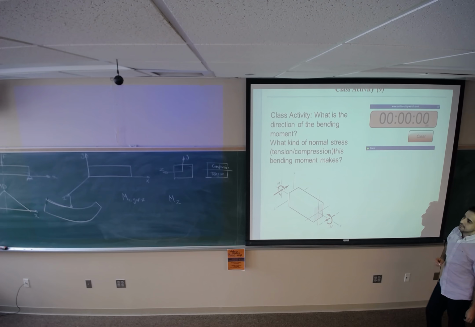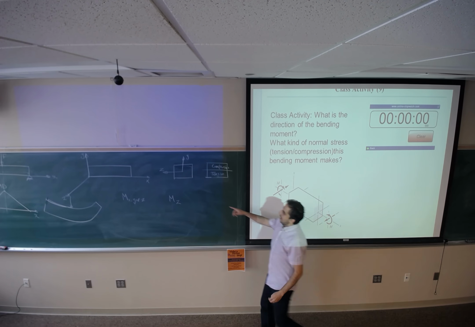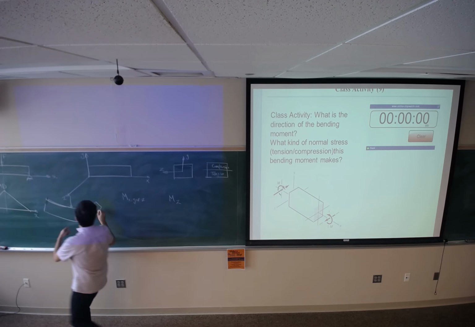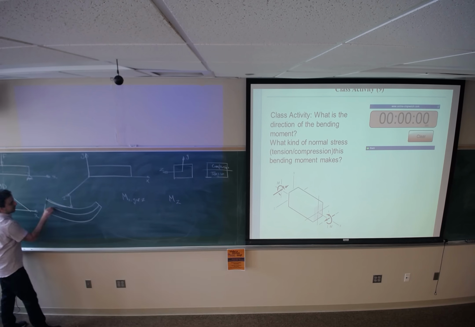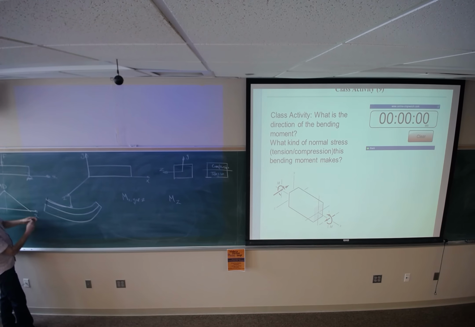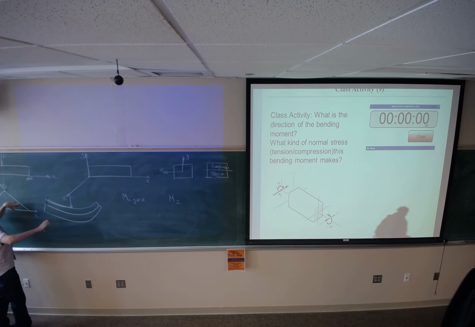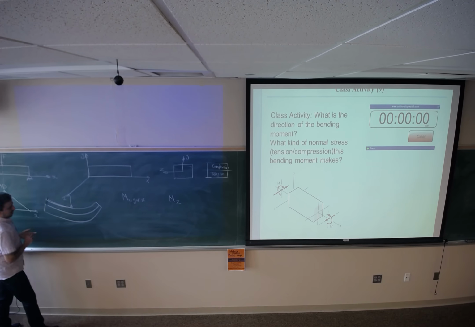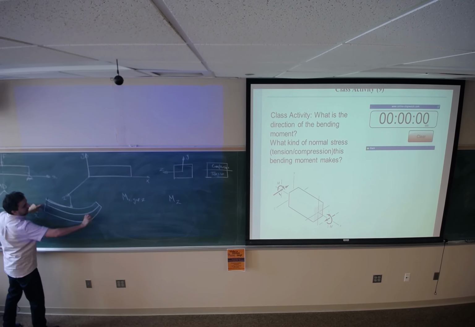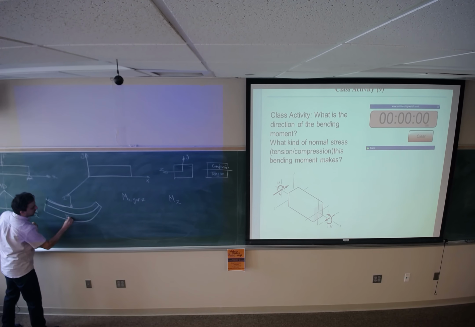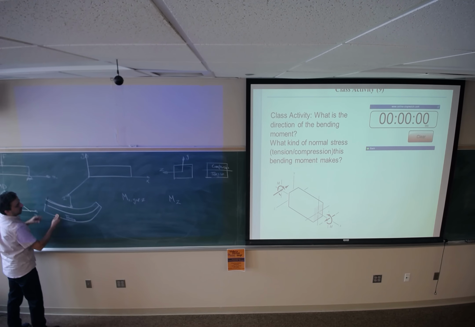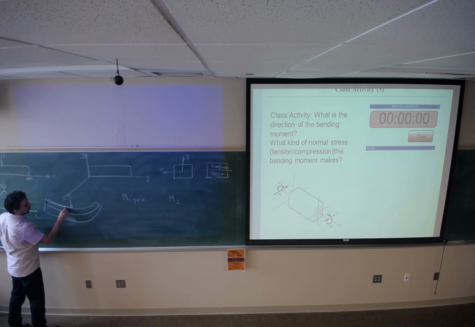And as you can see, if it's bent like this, this part of the beam is under tension because we have elongation on the length. But the upper side of this line has been compressed, so we are going to see compression.